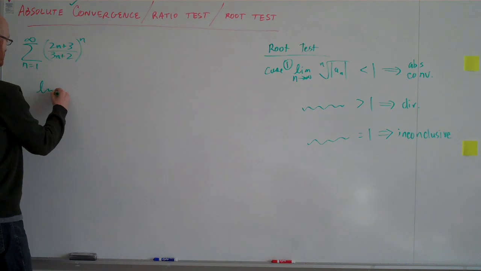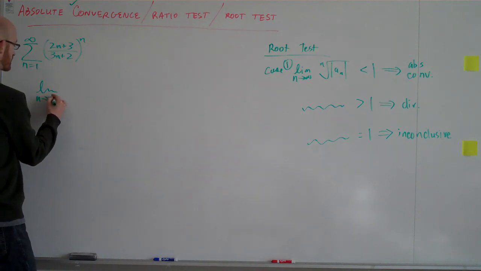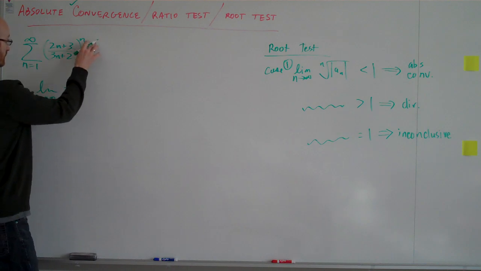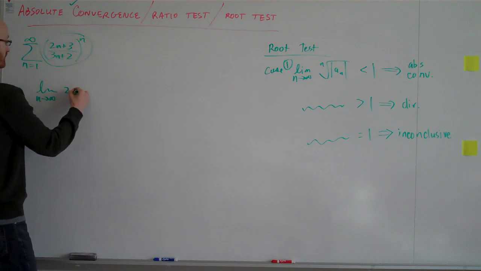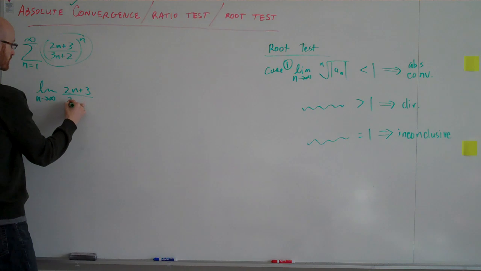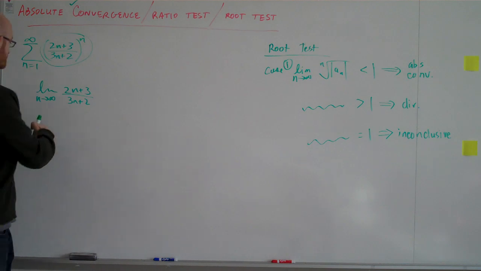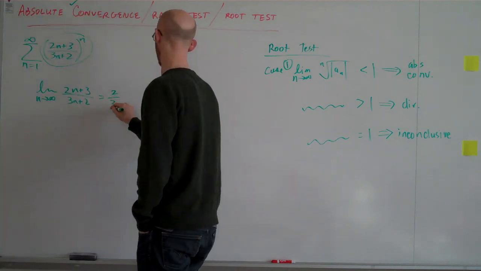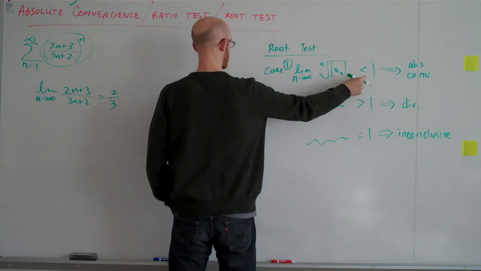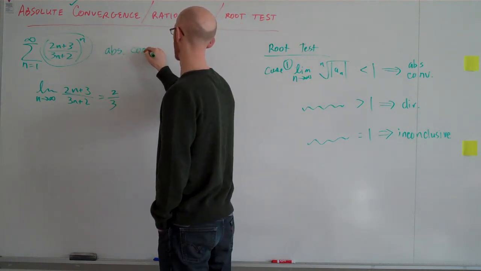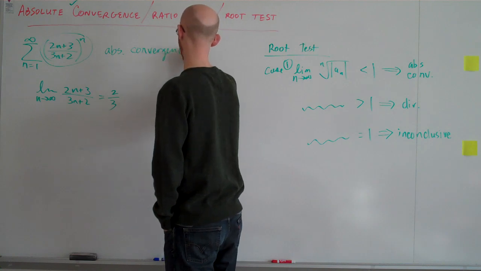So if we take the limit as n approaches infinity of the nth root of all that, we end up with just the fraction (2n plus 3) over (3n plus 2), because of the nth root of the nth power. Now that limit is 2/3, and if that limit is 2/3, then we've satisfied the condition for absolute convergence.